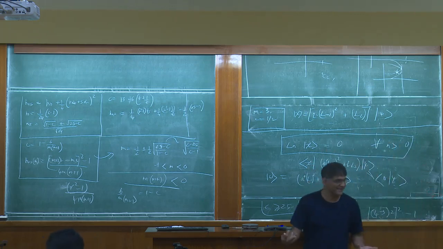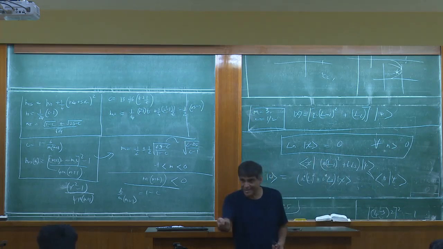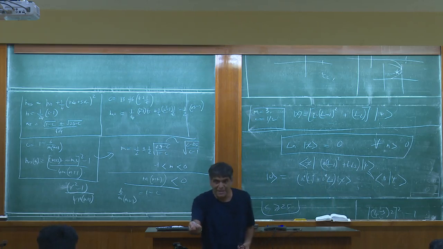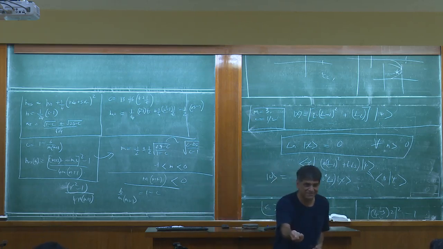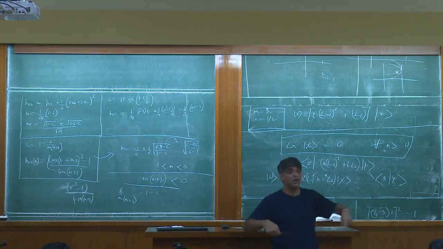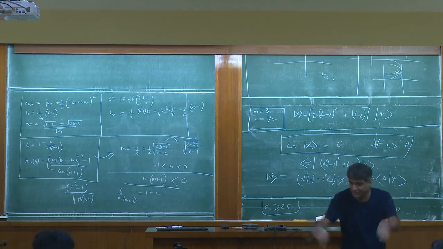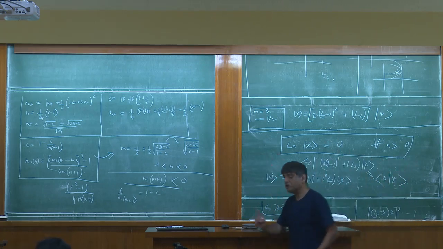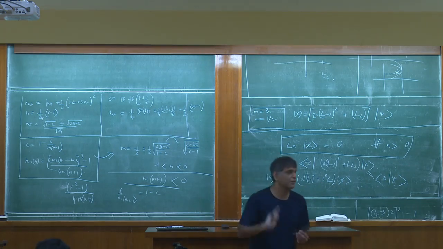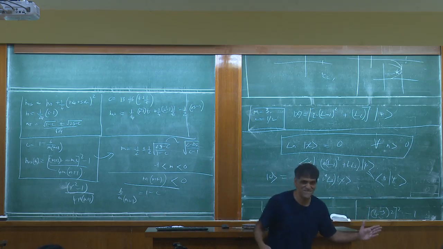Null states are descendants that are also primaries. Because of that, they are orthogonal to every other state in the module, including themselves. Because of this, they can be consistently removed from the theory.